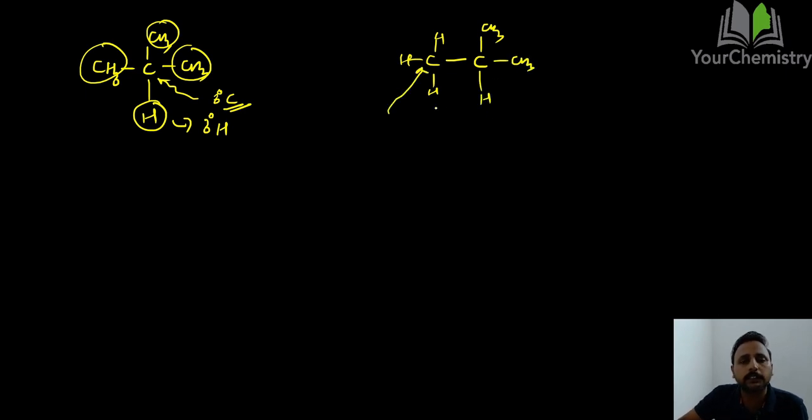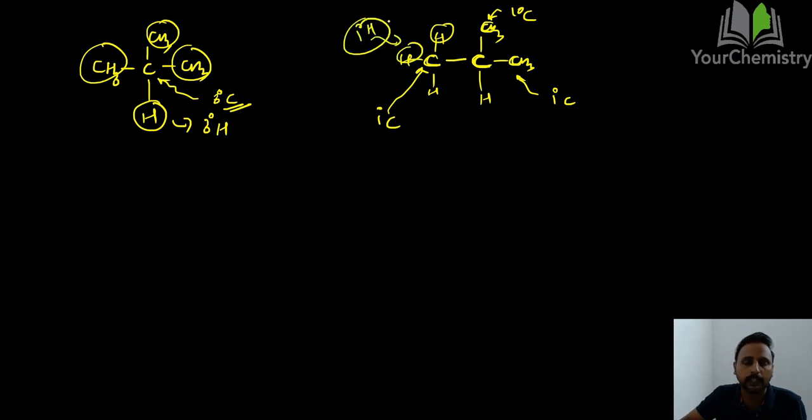This carbon is a primary carbon atom, this is also a primary carbon atom, and this is also a primary carbon atom, because each carbon is connected with only one other carbon. So all these other hydrogens are primary hydrogens. Able to understand?